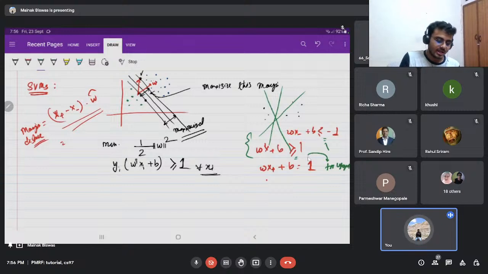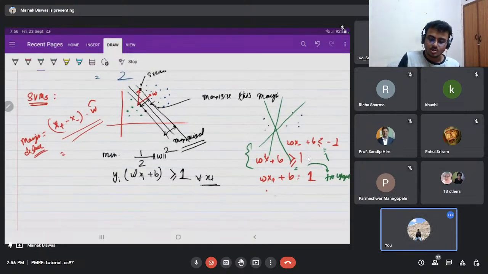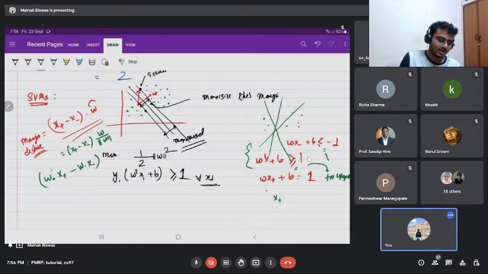Here if you just plug in this value, w hat can be written as w by, if you normalize w, that is x plus minus x minus. So this is nothing but the dot product of x plus minus the dot product of x minus. Do you remember?